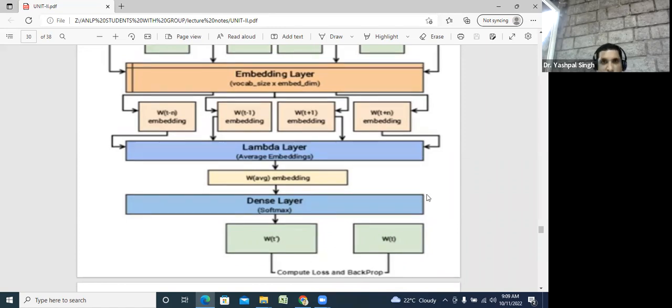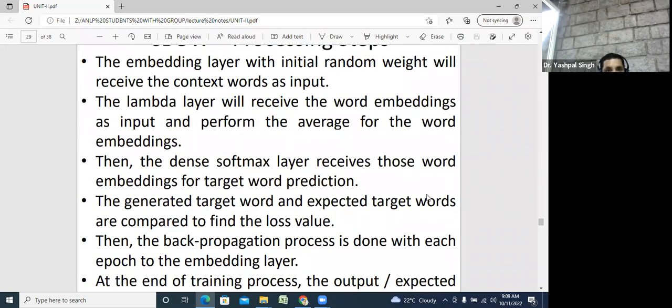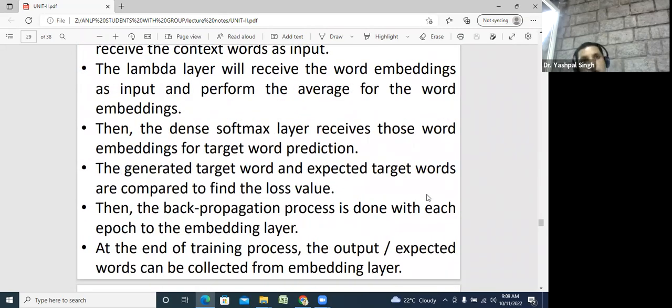So the same thing we have discussed in this architecture, you will see the steps again.